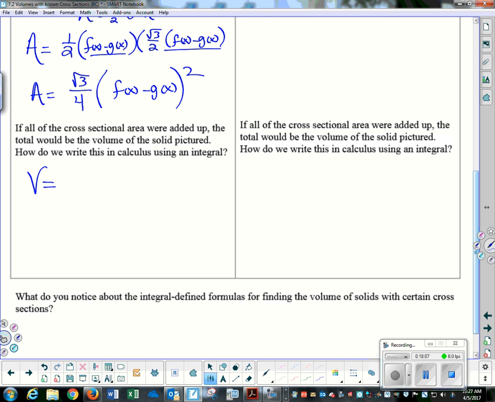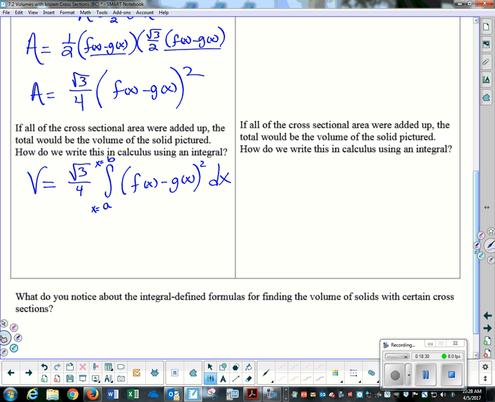So volume is equal to root 3 over 4 times the integral from a to b. Remember, these are x values if we run perpendicular to our x-axis and our cross sections are sitting perpendicular. F of x minus g of x quantity squared multiplied by the thickness dx. Never want to forget that.